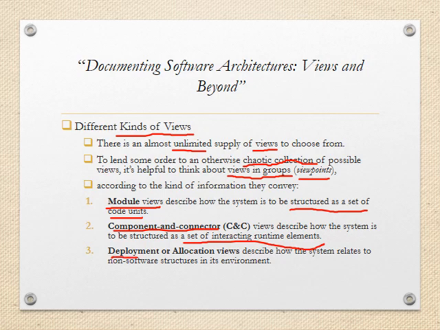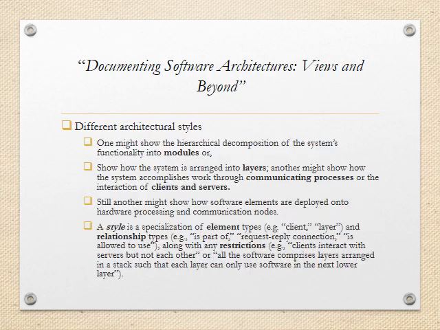Number three, deployment or allocation views, describe how the system relates to non-software structures in the environment. These are the three groups we call viewpoints. This is our way to order all the possible views when we try to document our software.